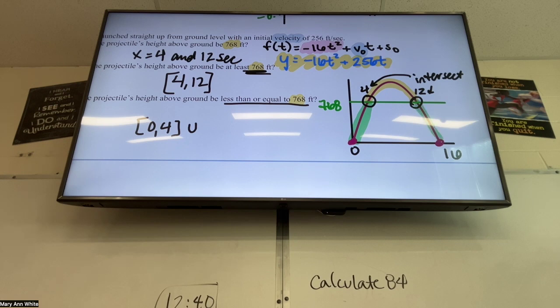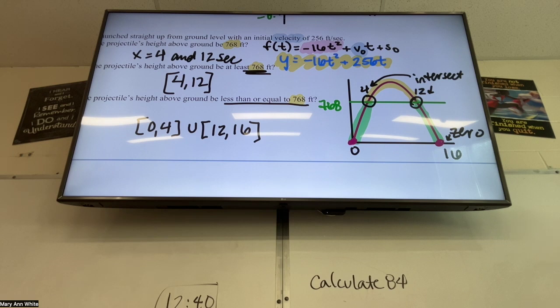And then from 12 to... this time I found the 0 just because I accidentally stumbled upon it. But you will need to know what the 0 is, because that's going to tell you from the other point of intersection to the 0. How did you get just the 0? Yep, so go second trace 0 and just go left bound, right bound of the 0.